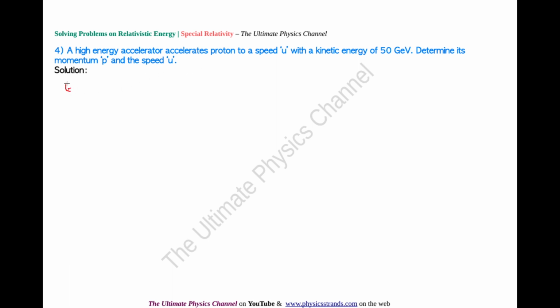So we have an energy expression, gamma mc squared, for the total energy, and that is partly kinetic, and then the remaining is the rest mass energy. In this case, for the proton, we know that the rest mass energy, let's call that m_p c squared, is 933.75 in MeV units.